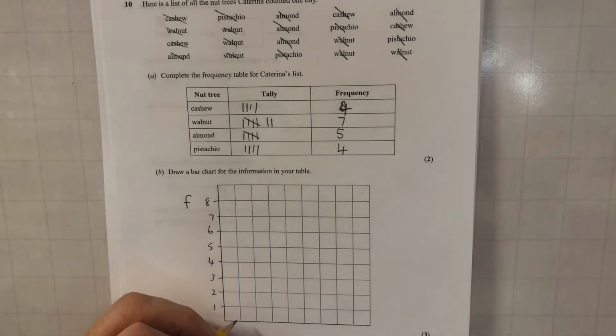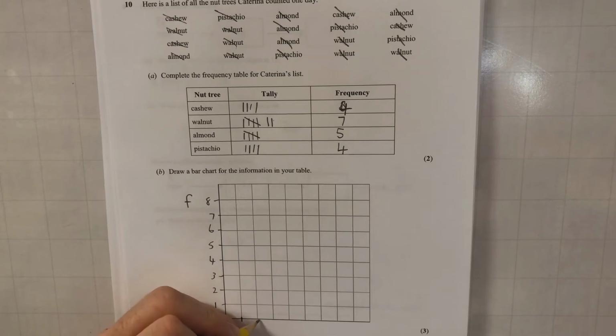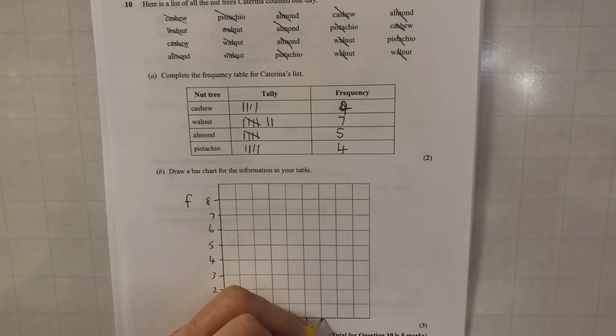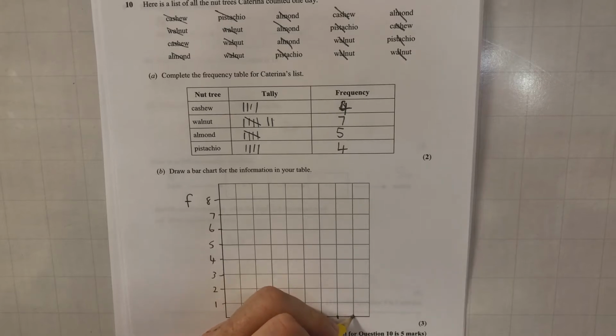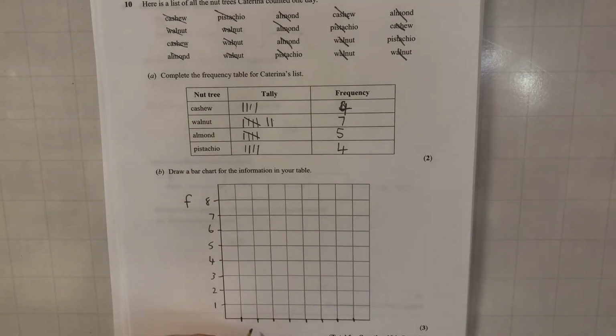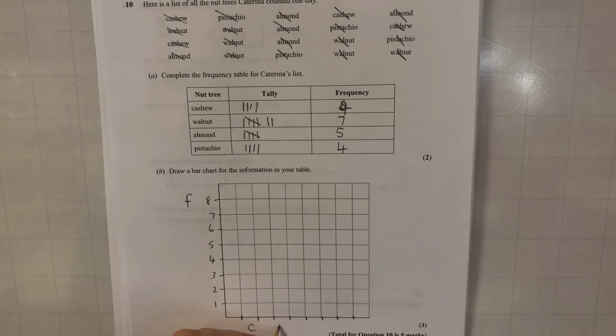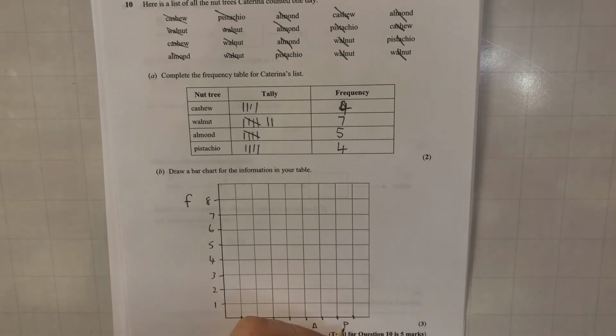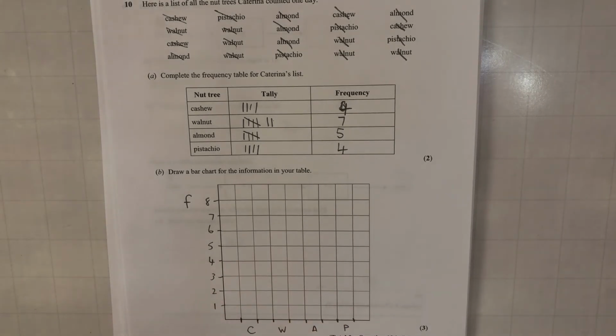Now going across, you should have a space between each bar. And for the first one, I'll just put the letter C, miss a space, the second one, W, miss a space, third one, A, miss a space, the last one, P. Then with the ruler, the first one goes up to 4.